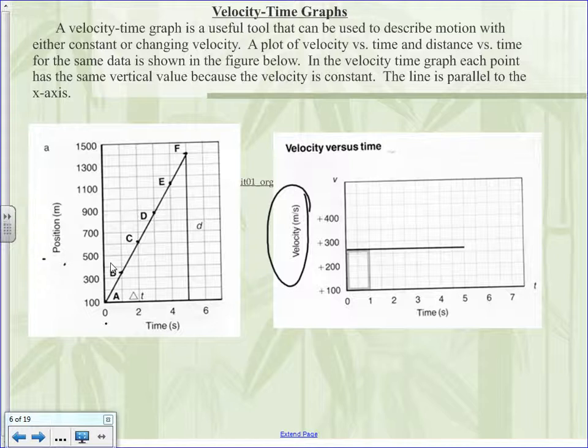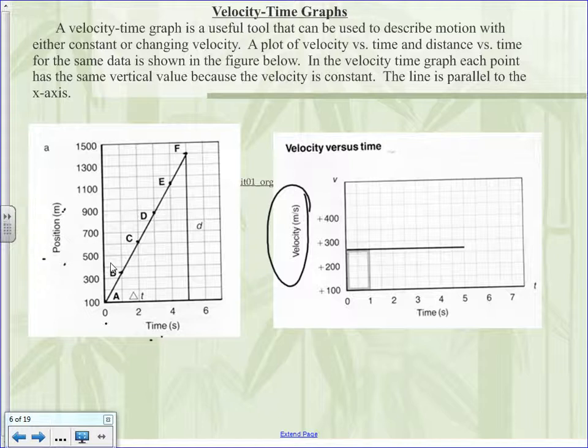So, what are the units for velocity? We should really know that one. Units for velocity are meters per second. So if I've got meters here and seconds down here, if I find the slope of this line, that will make me divide meters by seconds. So the slope of this line should give me the velocity of the object.